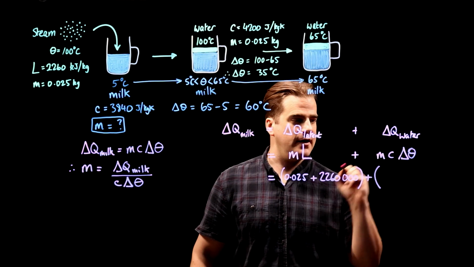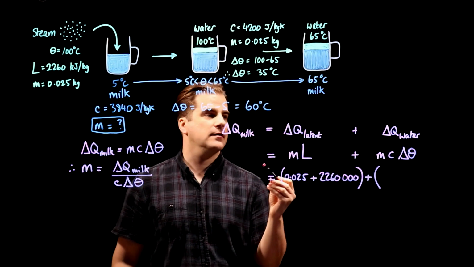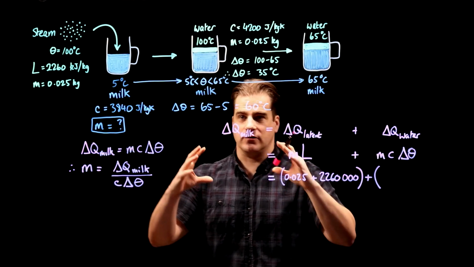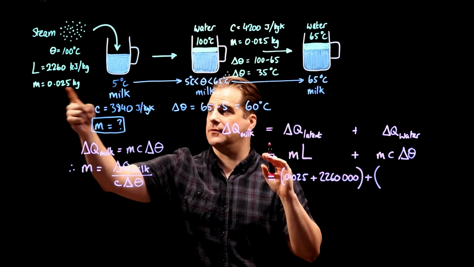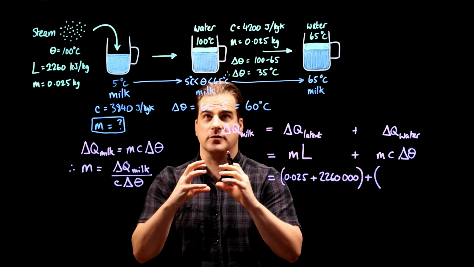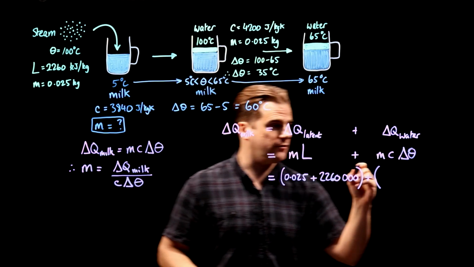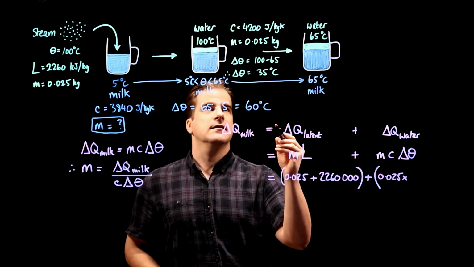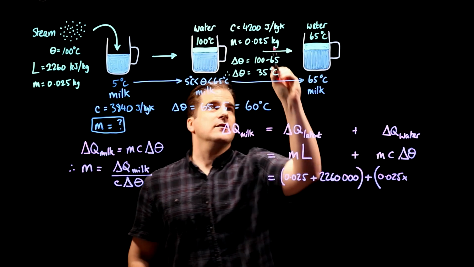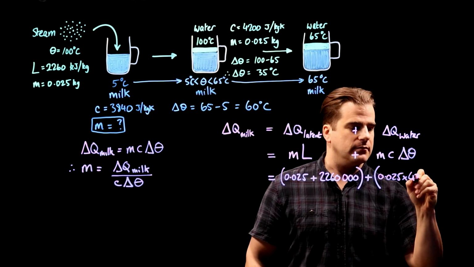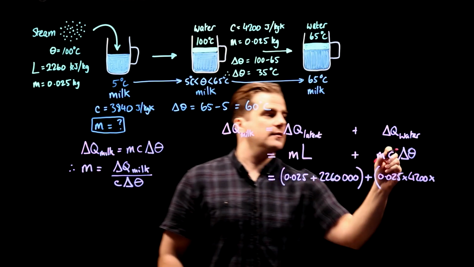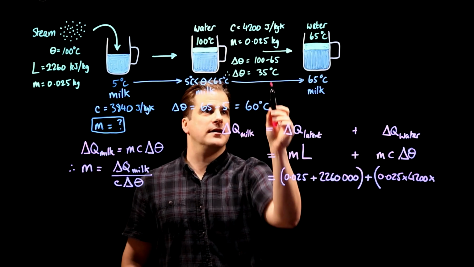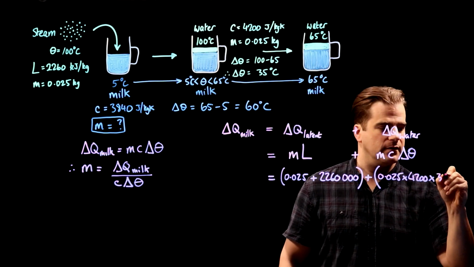Plus this, mc delta theta. Now the mass of the water is the same as the mass of the steam, because all that steam just turns into water, so it's still got the same mass. It's still 0.025, times c, which is 4,200. It's in the correct units. Times delta theta of the water. It goes from 100 to 65, so delta theta is 35.